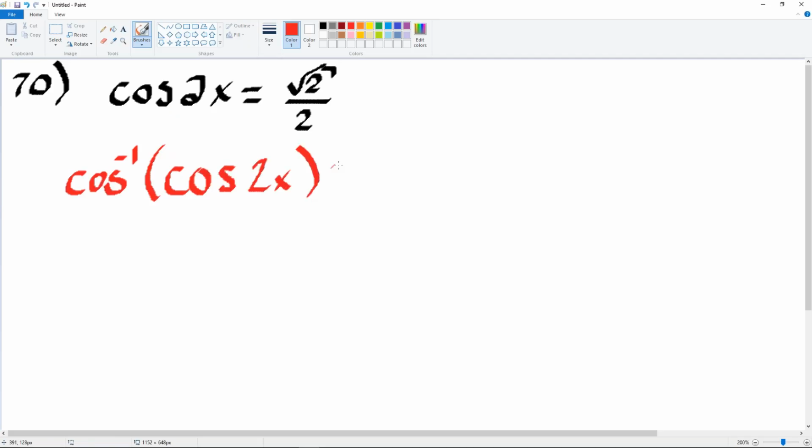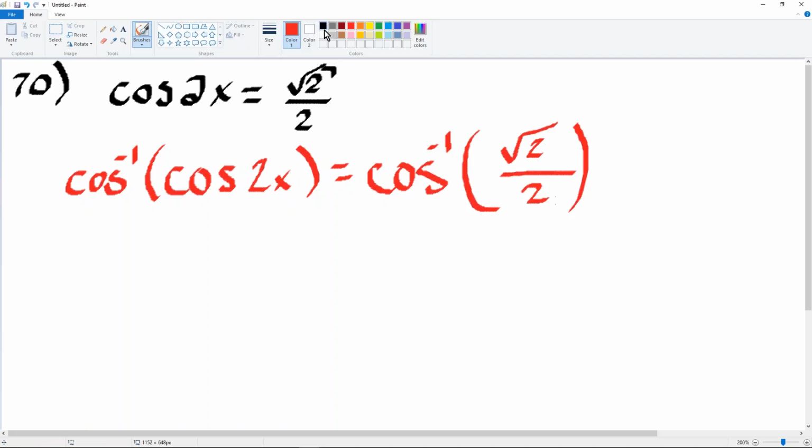If I do something to one side, I must do it to the other. So inverse cosine of radical 2 over 2. Now remember, I taught you this right here. This inverse cosine and this regular cosine are as if they cancel out, leaving you with 2x equals inverse cosine of radical 2 over 2.